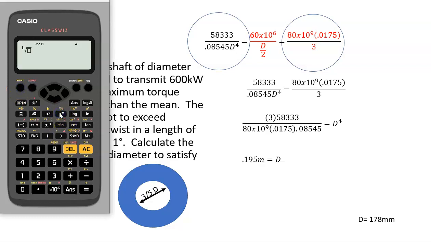So it is the 4th root of 3 times 58333 all over 80 by 10 to the 9 multiplied by 0.0175 multiplied by 0.08545, and that gives me 196 millimeters probably. But seeing as the answer was 195, I'm going to keep it at 195. So we get 195 millimeters.